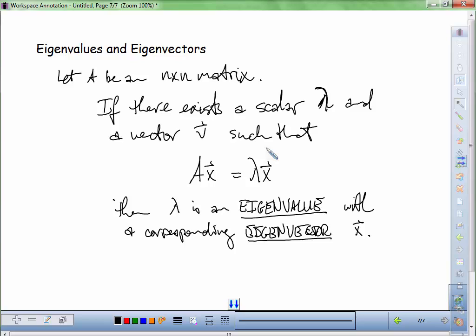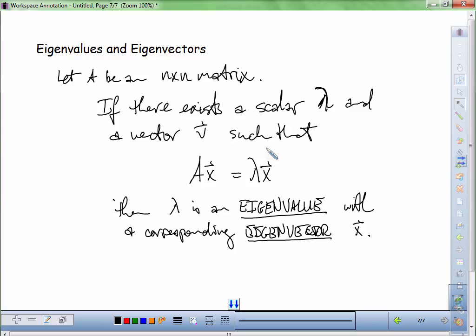Thank you. So eigen means like proper or owner. Kind of like identity. So the idea is that this matrix has this property where you apply a vector to it and you get another vector.